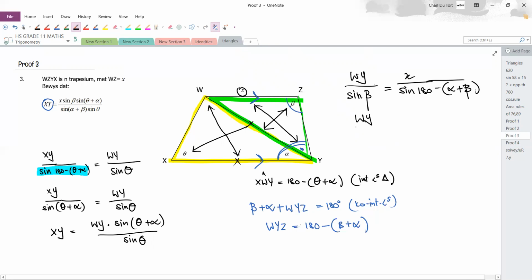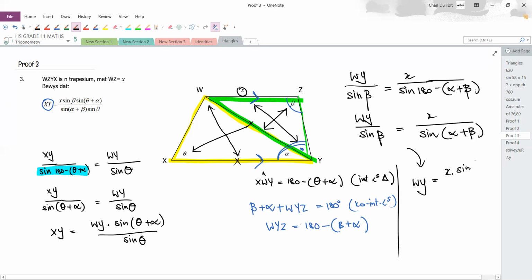That angle is second quadrant, so it's positive sin alpha plus beta. So I simplify that. I get WY equaling X times sin beta over sin of alpha plus beta.